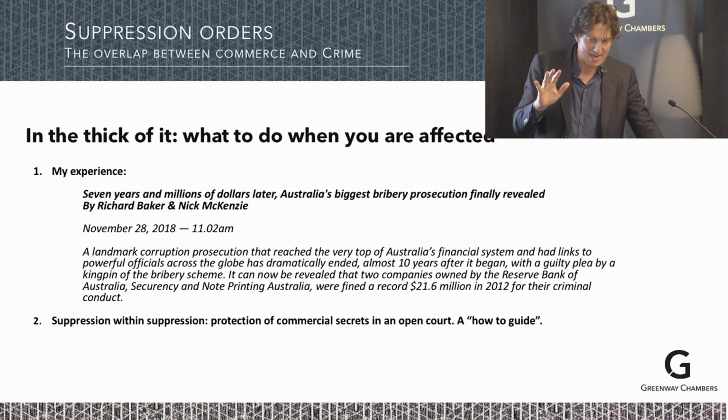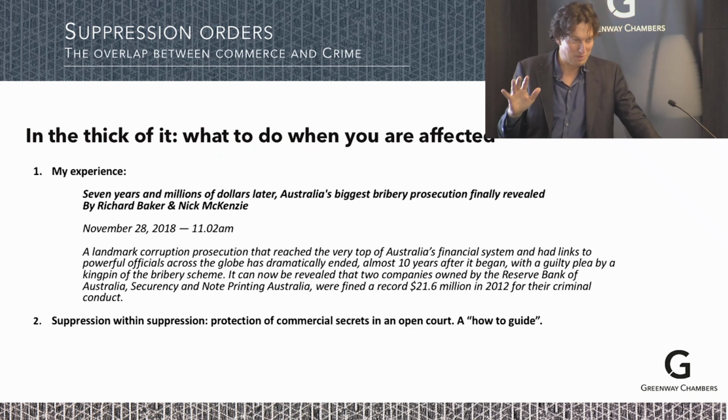Because the reality is that the press accepted the suppression order that was put in place in Pell because Pell faced another trial. Pell himself had two trials. He'd had a trial back in September, which had failed. There was a hung jury. Then he had his second trial, which is the one that convicted him, but there was a third trial coming up in March.